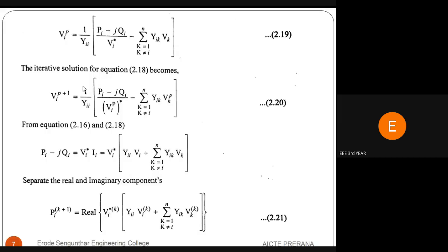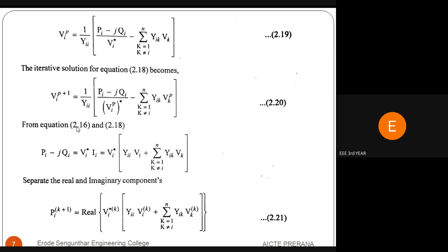So the iterative solution for the above equation, we get Vi(p+1) is equal to 1 by Yii. We are just rearranging it, that's all. That is, we are replacing Vi conjugate by Vi(p), the whole conjugate. So that is Pi minus jQi divided by Vi(p) the whole conjugate, minus summation of k equal to 1, k not equal to i, to n Yik Vk.